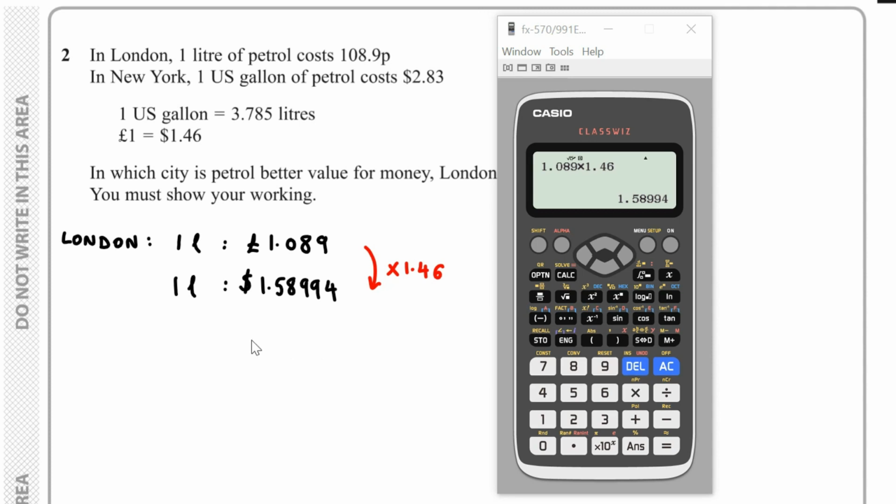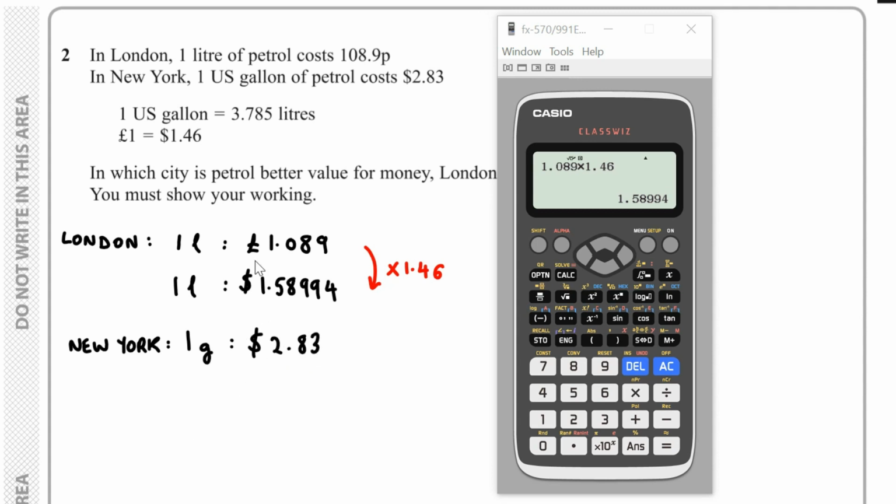And we can do a similar thing with New York. So for New York, we know that 1 gallon costs, if we see the price here, we've got $2.83.